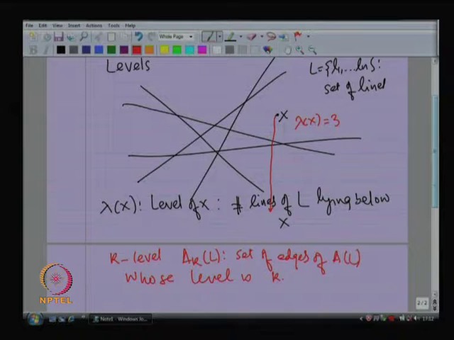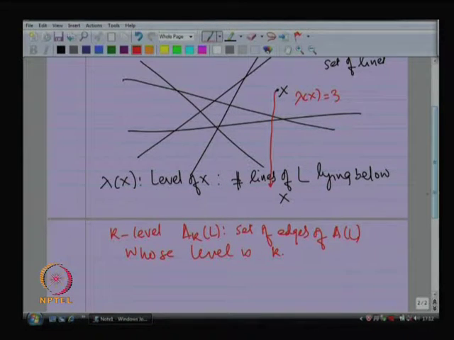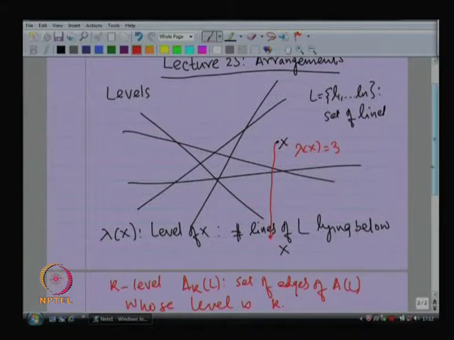If I look at this picture, let us look at what the labels look like in an arrangement. This edge is label 0 because there is no line below it. All the points on this edge have label 0 because there is no line below it.